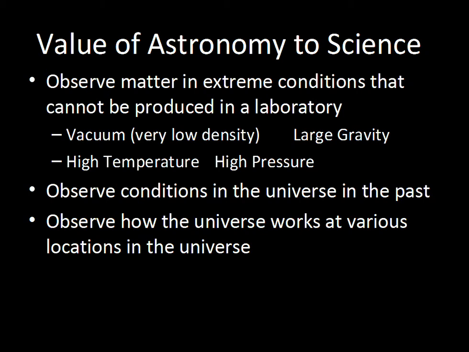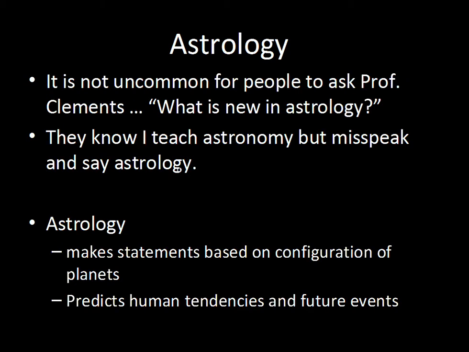We can observe how the universe works at various locations in the universe. Are the Earth and the Sun in a very special part of the universe where the laws of physics are different than at some other part of the universe? It appears not. It appears the laws of physics are the same all throughout the universe. But astronomy really expands the realm of conditions that scientists can explore and have data on.